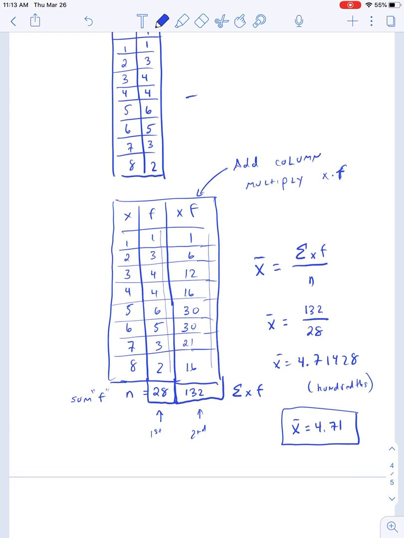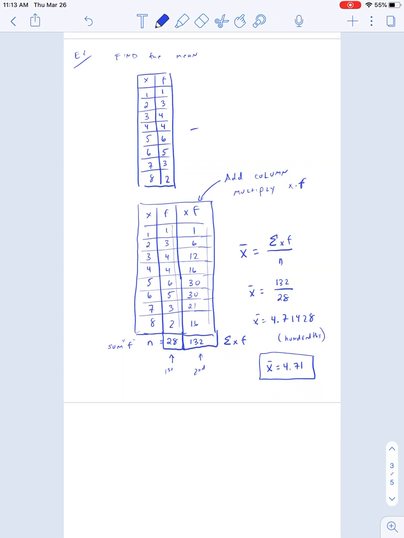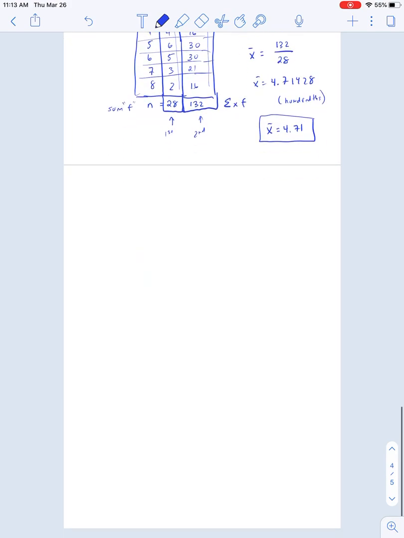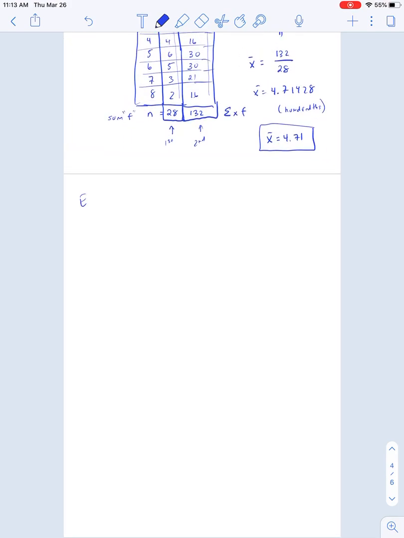So a nice example of calculating the mean when you are given a frequency distribution. How about another example of a mean? This time we look at a histogram. We're going to omit some data items.